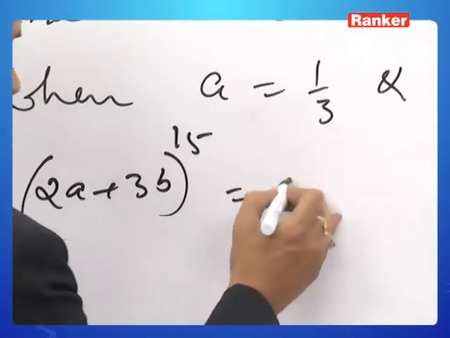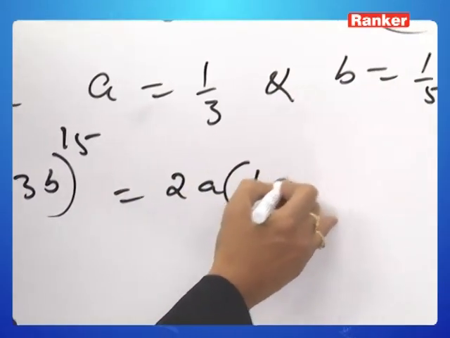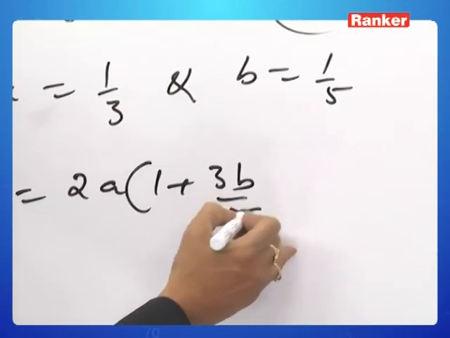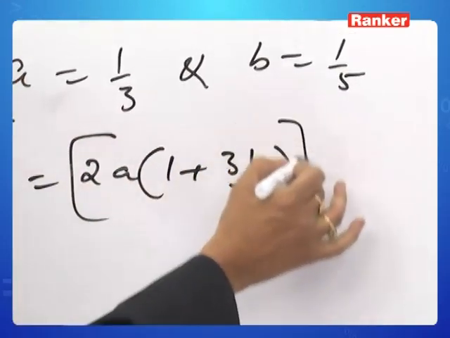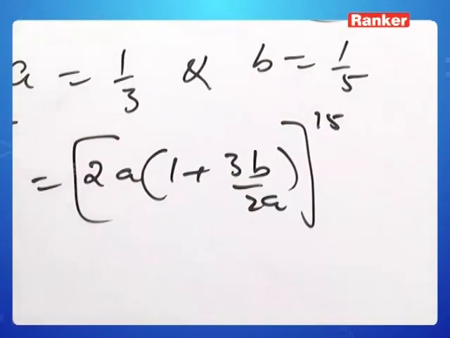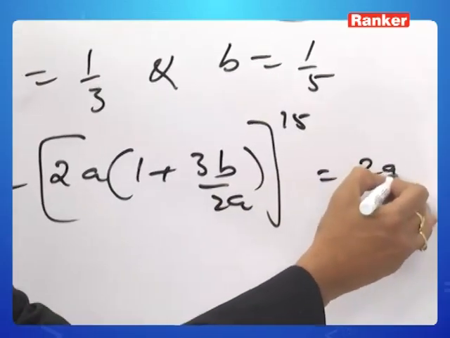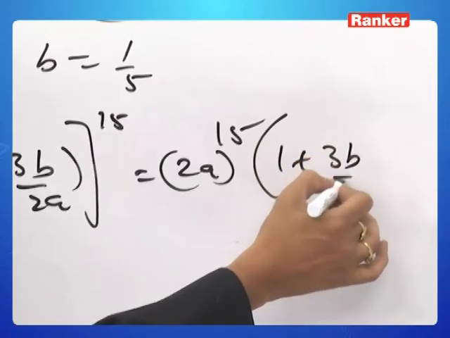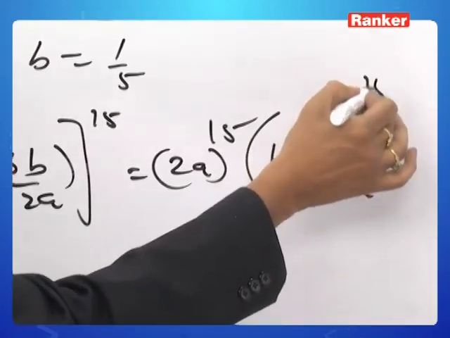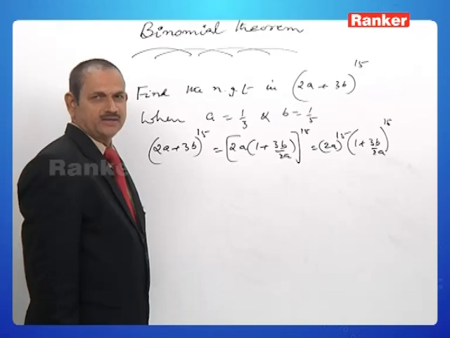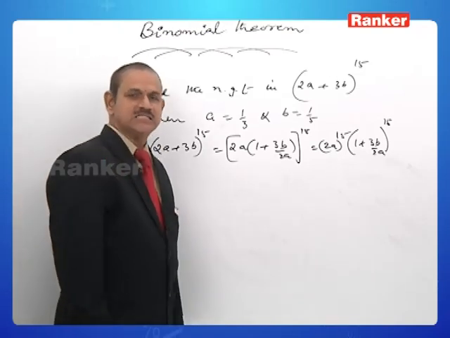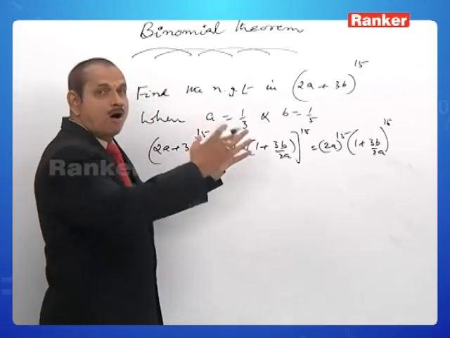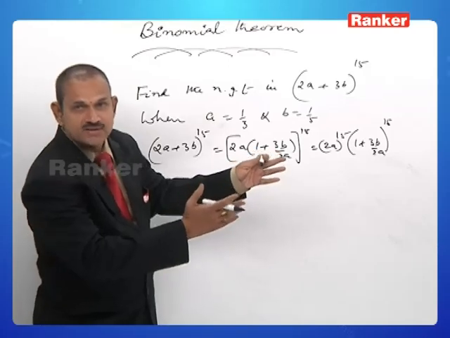This can again be taken as 2a into (1 plus 3b by 2a) whole to the power of 15, and hence it is (2a) whole to the power of 15 into (1 plus 3b by 2a) whole to the power of 15.